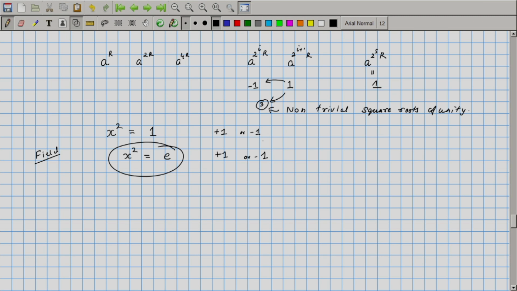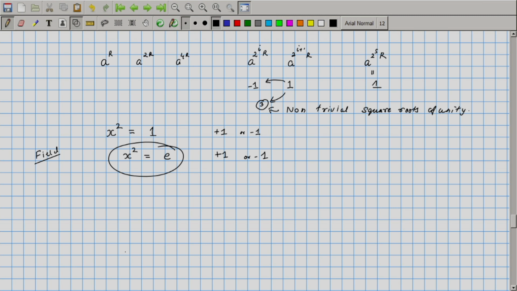So, here we need to first show that the algebraic structure that we are working with is indeed a field, and then what we have essentially found is a non-trivial square root of unity. And if the algebraic structure that we were working with happens to be derived from a prime number, that is going to be a field, and for non-primes it is not going to be a field. So, that is the essential idea behind why we are declaring the number to be composite when we see a non-trivial square root of unity.